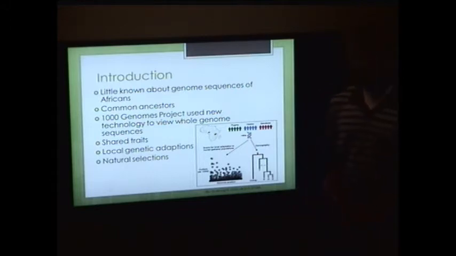The 1000 Genomes Project used new technology to view the whole genome sequences of various African tribes to examine the origins of modern humans and understand the spectrum of human diversity. Although the 3 different tribes that were tested share some common characteristics, there are genetic differences due to adaptations to the different environments as well as natural selection.